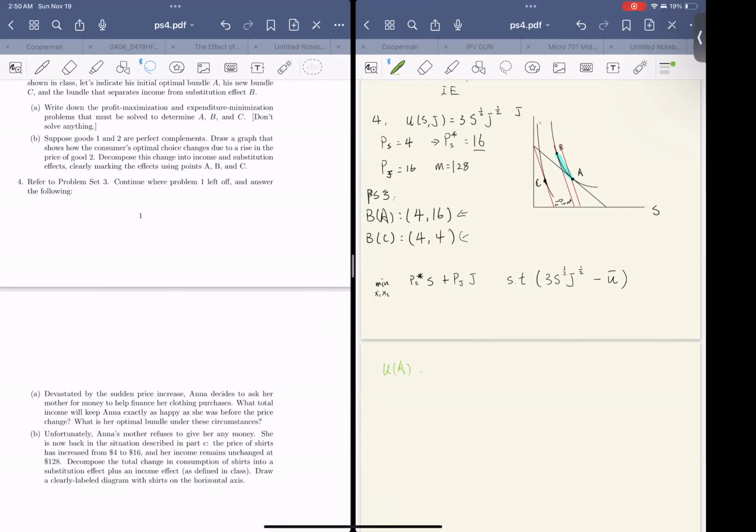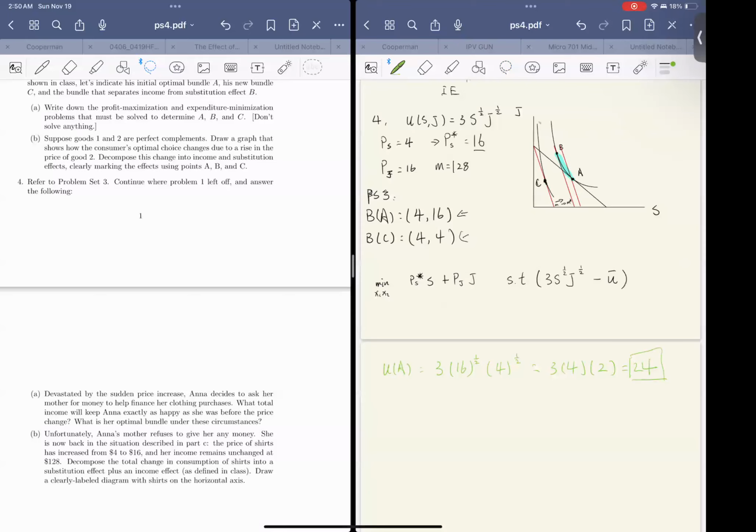Oh, S is 16, to the 1/2, times 4 to the 1/2. So it's 3 times 4 times 2, so equals 24. So our initial utility is 24.